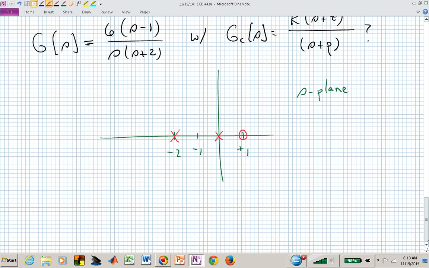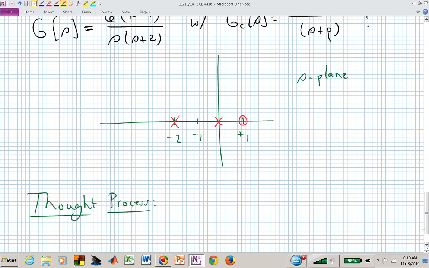What's the thought process here? Somehow we need to eliminate this branch of the root locus, don't we? We need to get rid of that. We need to somehow not even let it start or be there. Because if it's there, that pole at the origin is always going to be stuck.